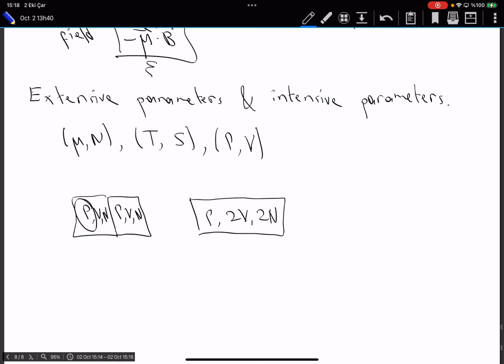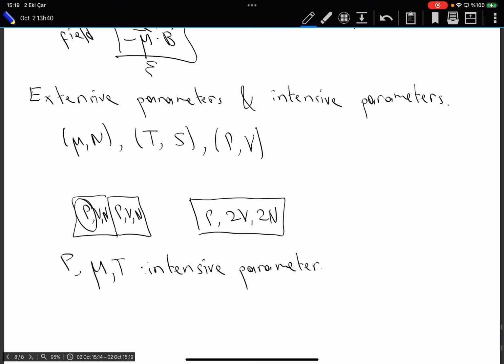of the system. So these are called our intensive parameters. P is an intensive parameter. Mu is an intensive parameter. T is an intensive parameter. They do not change if I double my system.